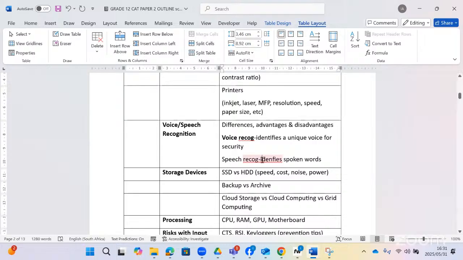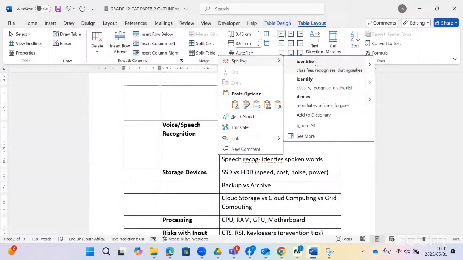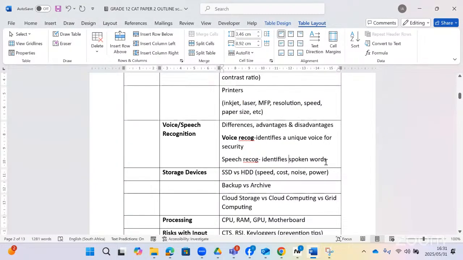So the speech recognition can be mostly for people who want to search for something, or accessibility features, those who want to say something then convert to text.